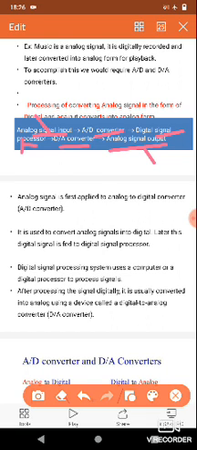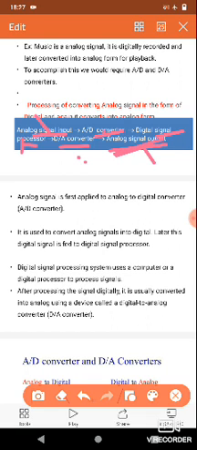So here we are using an A to D converter, so the analog signal will be converted into digital. The music signal is recorded digitally in the A to D converter, and the digital signals are converted back by using a digital to analog converter. The last one is the digital to analog converter output, that is, the analog signal we are getting as output.